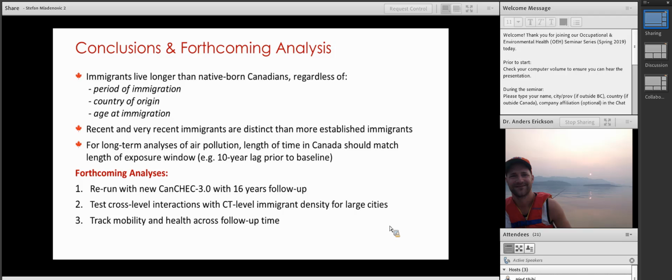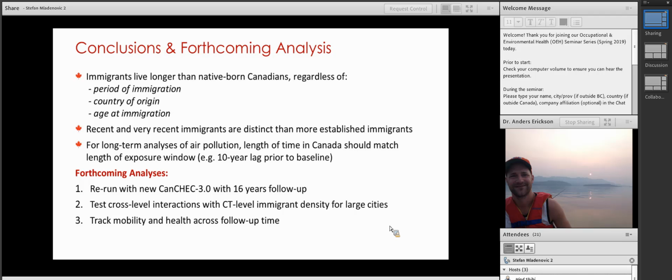In preliminary checks between CanCheck 3 and 2, we're seeing slight differences in the impacts of immigrants on the hazard ratio of air pollution. Whether that's just a follow-up thing, or a better linkage with the data so the population is slightly different.